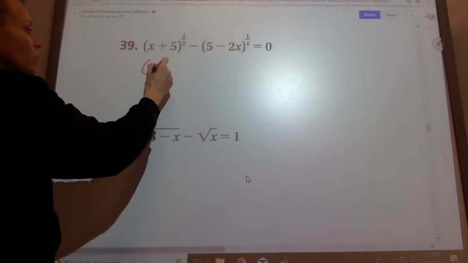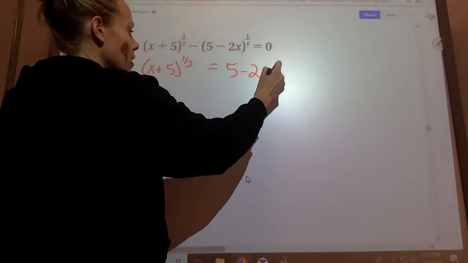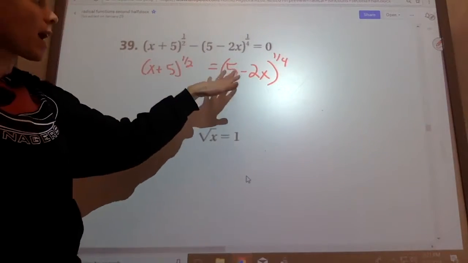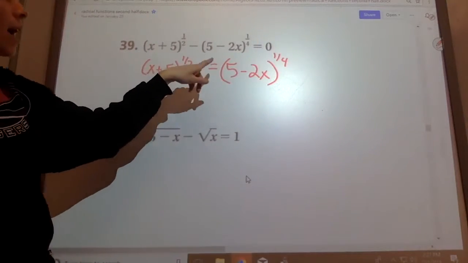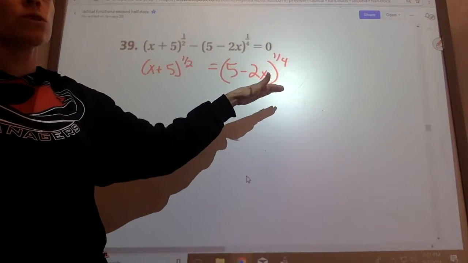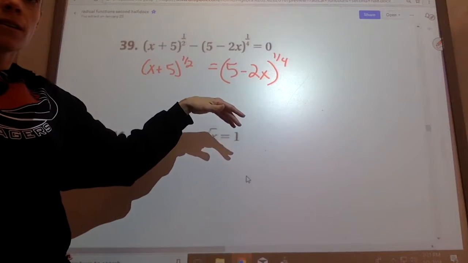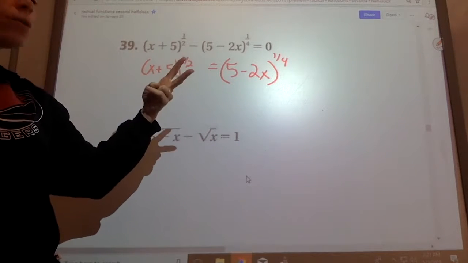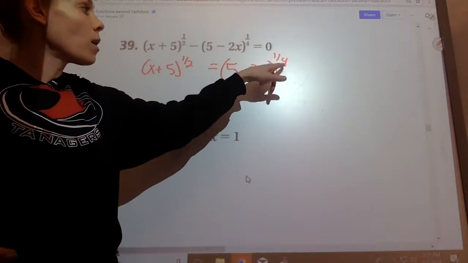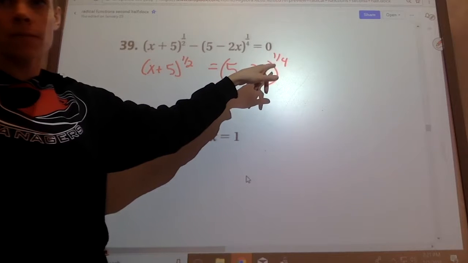Okay? So x plus 5 to the 1/2, 5 minus 2x to the 1/4. Okay? I'm going to take that subtraction and add it over. So I have a 1/2 and 1/4. What power can I raise both sides to get rid of the fraction? If I use 2, think about if I square, 1/2 squared is 1, but 1/4 times 2 is 1/2. I'd still have a fraction.